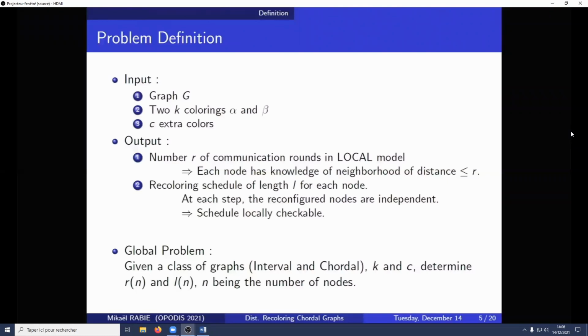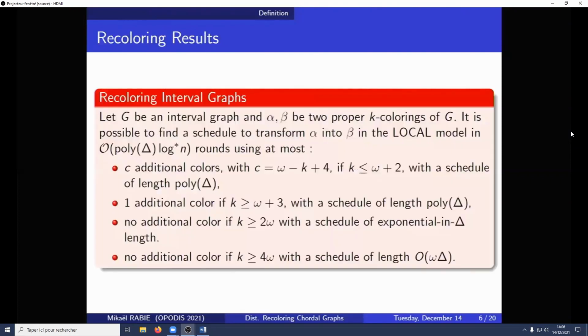Here we will work on interval and chordal graphs and try to find out what number of colors and extra colors are needed to get a schedule of some length after many rounds of communication. Here is our first main result about interval graphs. In poly delta times log star of n communication rounds, we are able to produce a schedule, and the number of additional colors depends on the number of colors k we have, where omega corresponds to the largest clique in the graph.